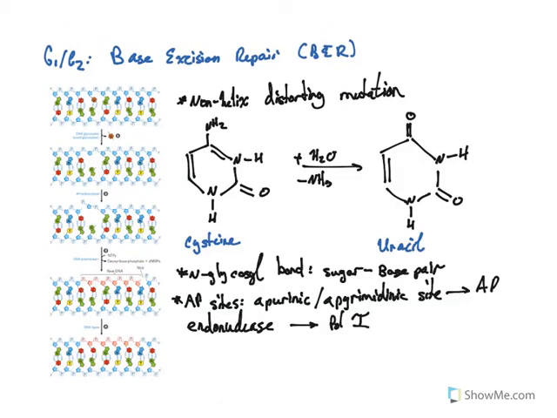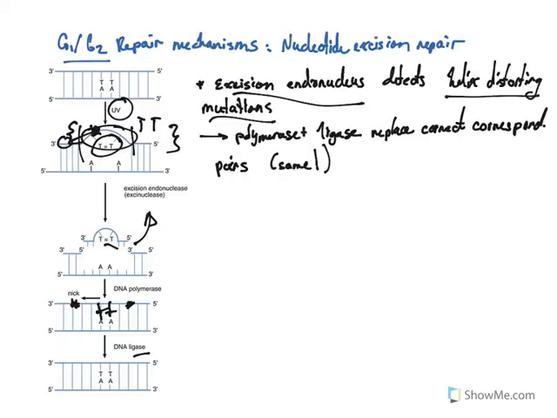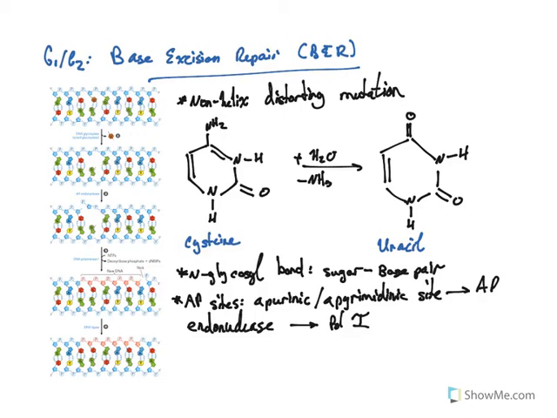And the last one, which is also in G1, G2, is called the base excision repair mechanism, BER. So in this case, we have a non-helix distorting mutation. So therefore, we cannot use the excision endonuclease. And so we have to use a different mechanism. So an example of this sort of non-helix distorting mutation is cytosine being deaminated to uracil.